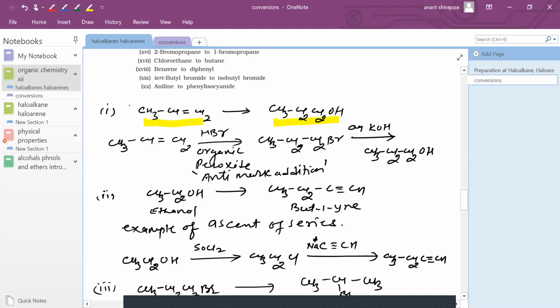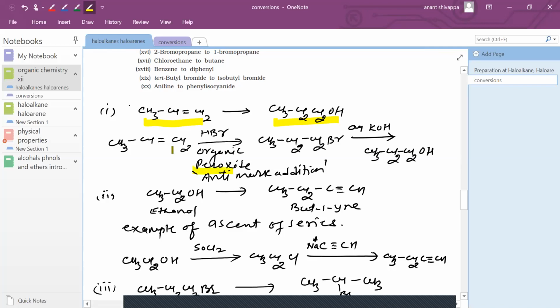So you have studied addition reactions in class 11. Propene is an unsymmetrical alkene, and remember when you are dealing with unsymmetrical alkenes, then you have to keep Markovnikov and anti-Markovnikov in your mind. So it is propan-1-ol. Definitely the halogen should be added at the first carbon. It means the anti-Markovnikov rule is followed. Anti-Markovnikov addition takes place in the presence of organic peroxide.